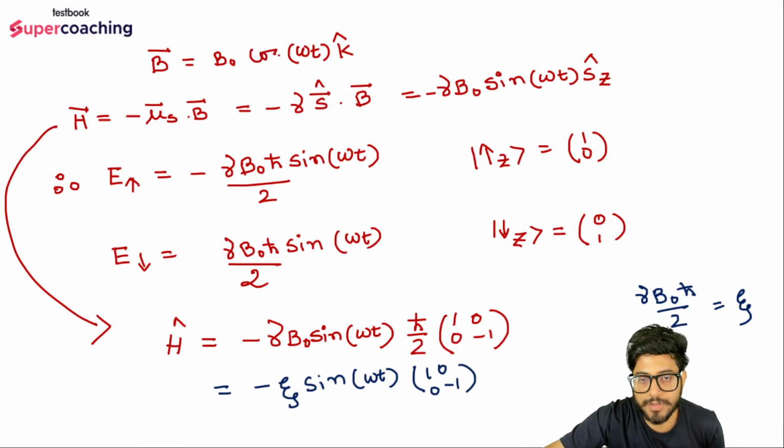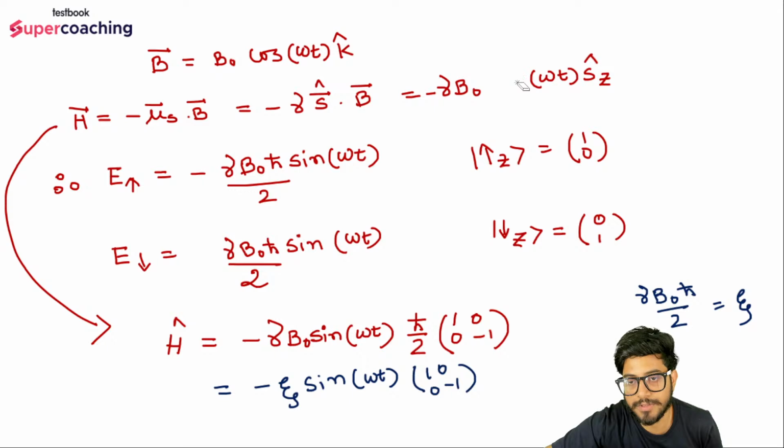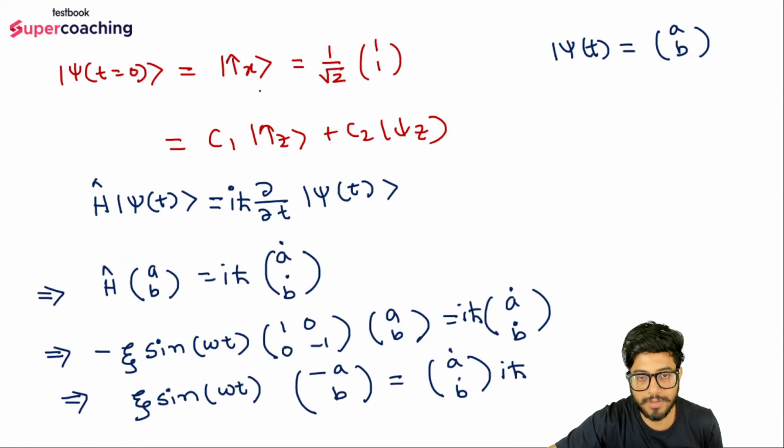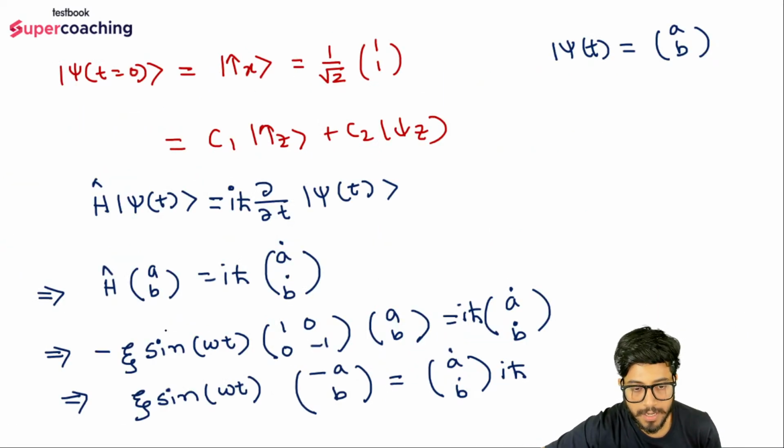If you write cos omega t, then this thing will be equal to cos. Here it will be cos, and in here these two things will be cos.